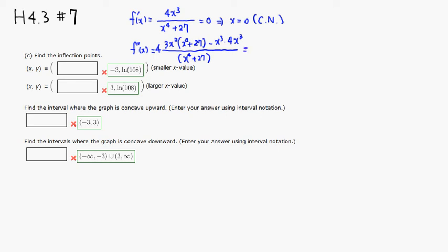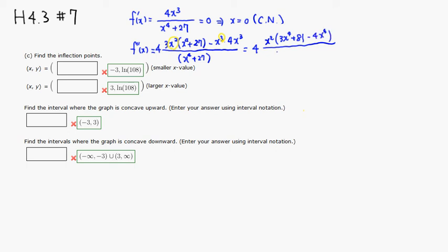Let's clean this up a bit. 4 is still in front. We have x squared sitting here and x squared sitting there, so I'll pull that out. What's left is 3x to the fourth, and 3 times 27, 81, minus 4x to the fourth from there.